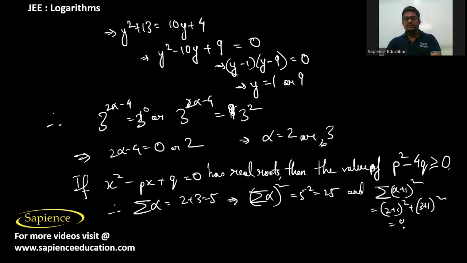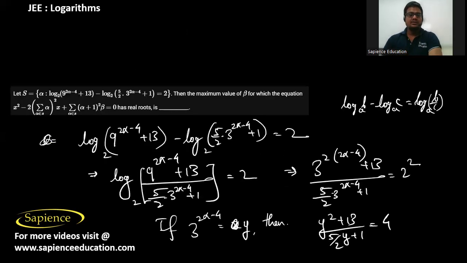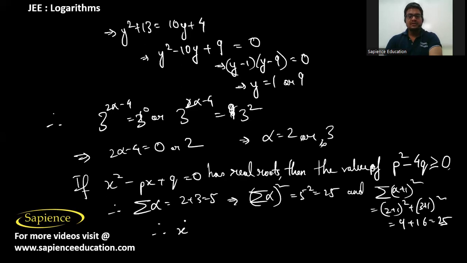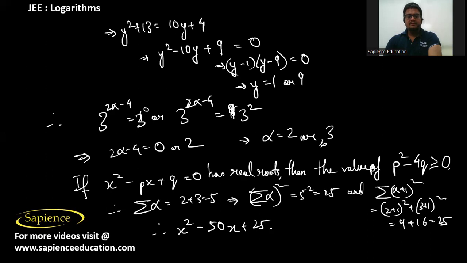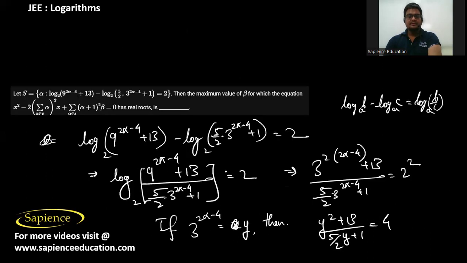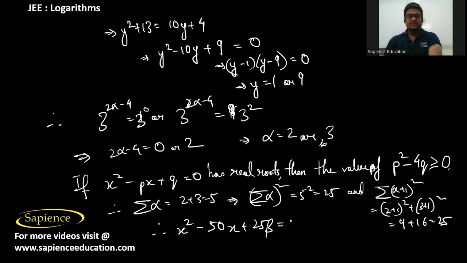So that will be 3 square, 9, plus 4 square, that is 16, 16 plus 9, that is also 25. Now here it is told 2 summation alpha square x. So therefore the equation is x square minus 50x plus 25 beta plus 25 beta, that is equal to 0.